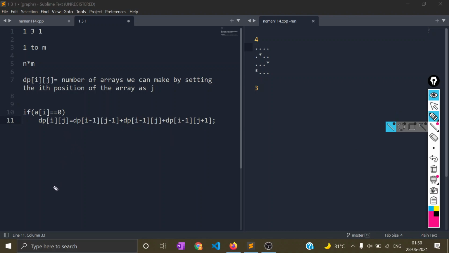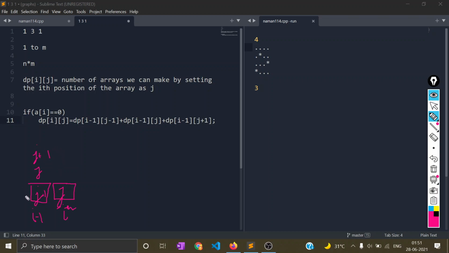So what we are doing here is that when we want to know the number of arrays that I can make if I put some j at the ith position, to answer this we want to know the number of arrays that we can make at the i minus 1th position, and that can contain only j minus 1, j, and j plus 1, because that would be the valid array.